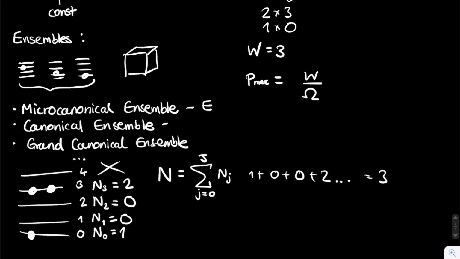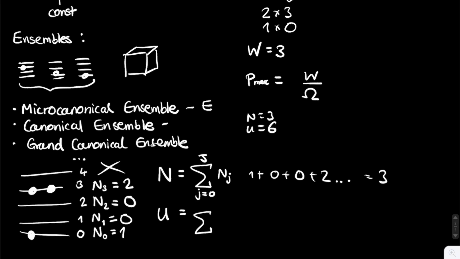So that's N. What about the energy U? How can we work out what this is from this simple example? Well, we said that N is 3 and U is 6 before. So how do we show that it's 6? Well, U we simply write as the sum.